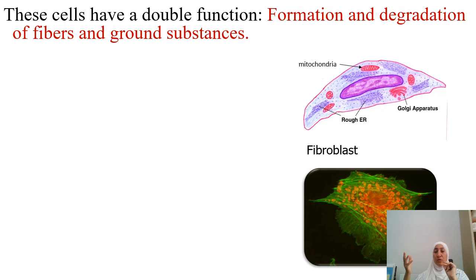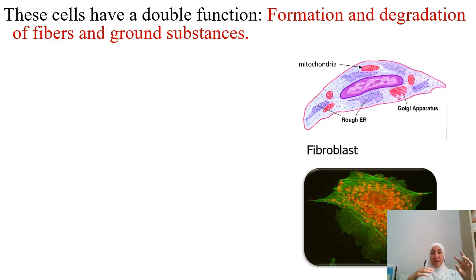For example, odontoclast or osteoclast can also degrade the dental tissues. But for the collagen fibers, the fibroblasts that form collagen can themselves degrade the aged collagen fibers or aged ground substances. Thus, the same cell has two ends.